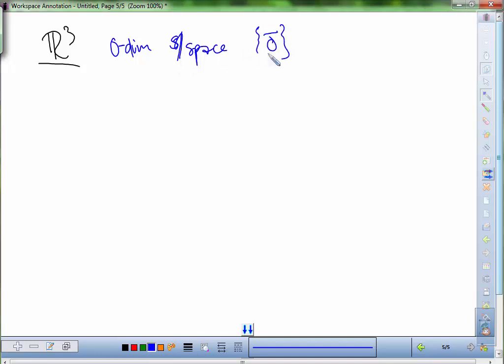That's always going to be a subspace. A one-dimensional subspace, I can describe it as a span, or as a vector, or a geometric object. It's a line going through the origin.